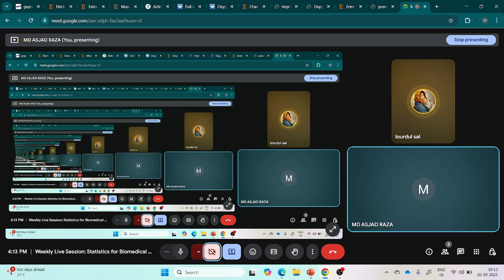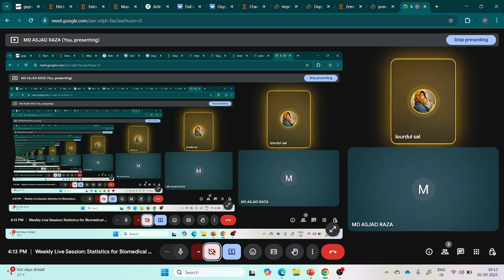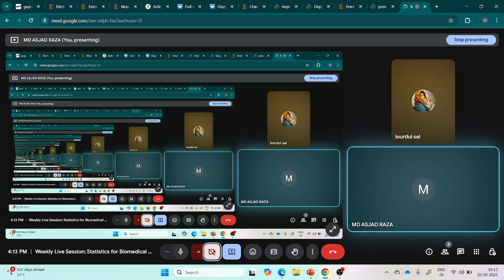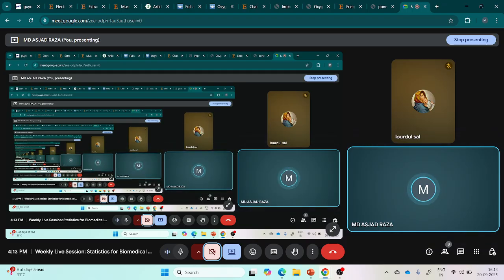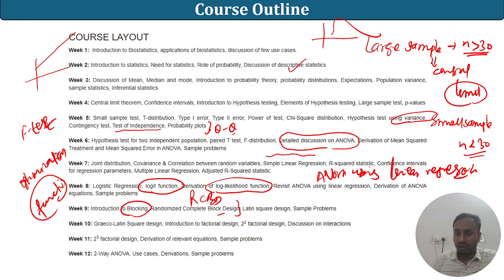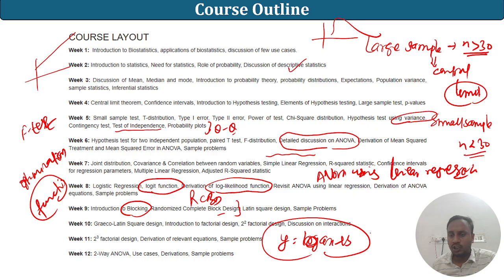Regarding the logit. The logit function is something like this: earlier we were discussing y is equal to ax plus b. Because this is a linear function, there is a chance that the error will increase.